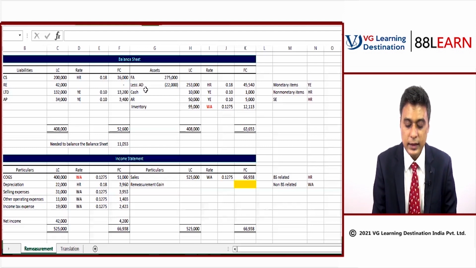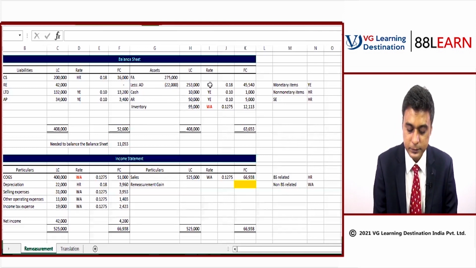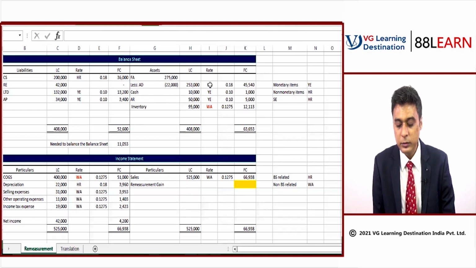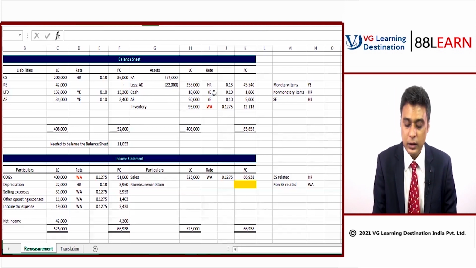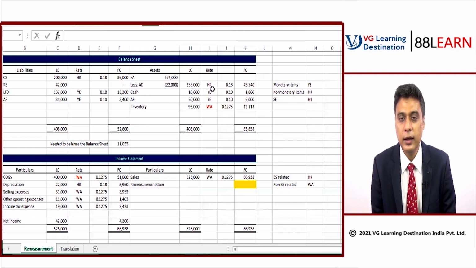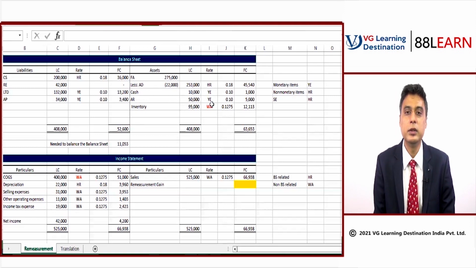So fixed assets less accumulated depreciation is non-monetary. Non-monetary means historical rate. Cash and accounts receivable are year-end rate. They are monetary or non-monetary again? Cash and accounts receivable, they are monetary. They are going to be fixed in value.